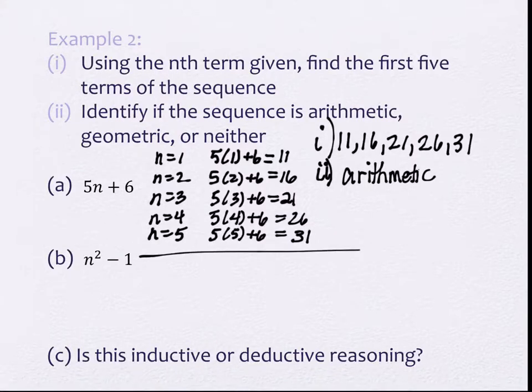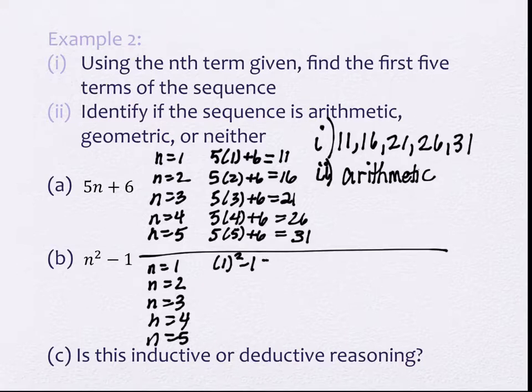Okay, we're going to do the same thing now with n squared minus 1. n equal to 1, all the way up to 5. All right, so if n is equal to 1, I have 1 squared minus 1, which gives me 0. Then I have 2 squared minus 1, which gives me 3. 3 squared minus 1. 4 squared minus 1.